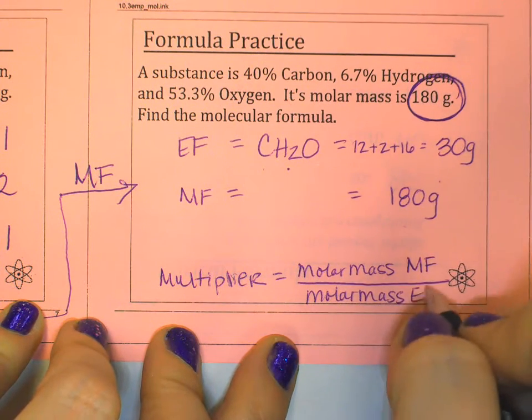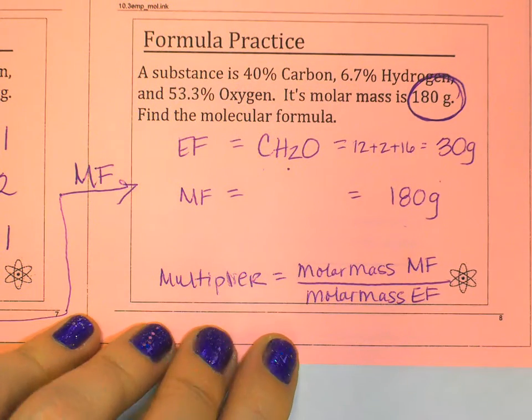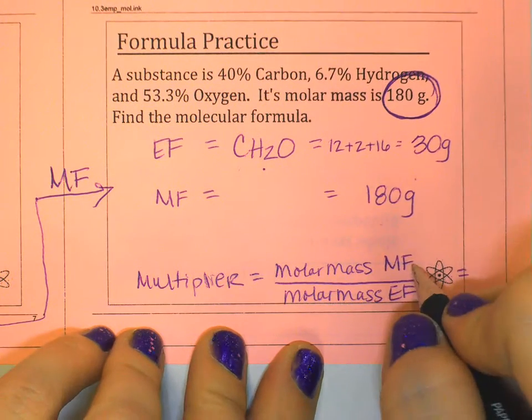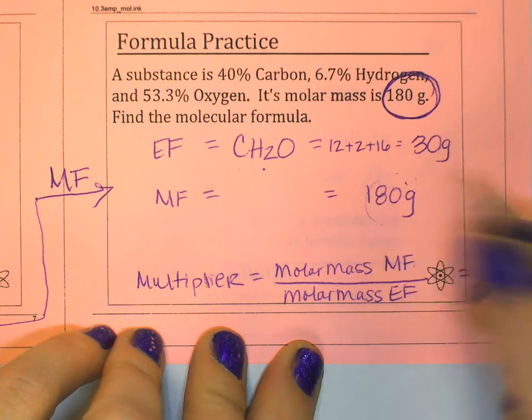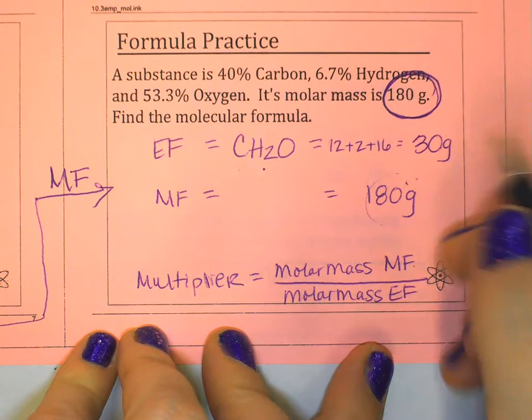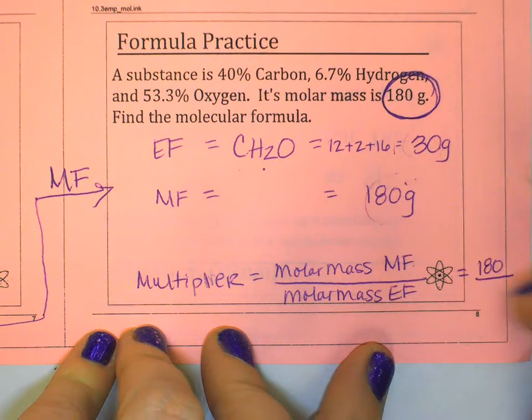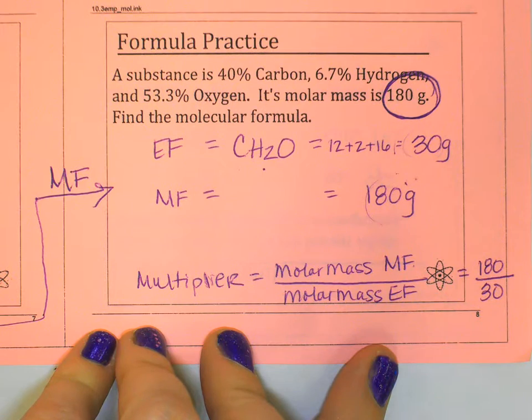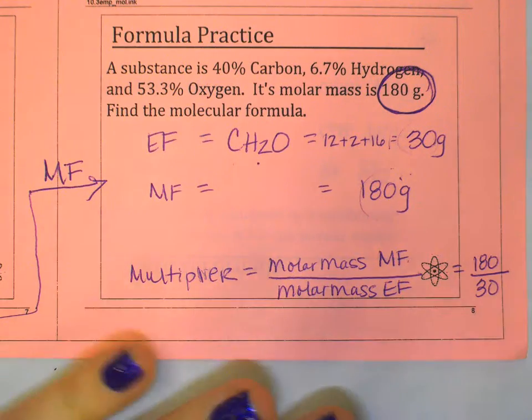All right? So if I were to do that here, I would have 180 divided by 30. So when I divide that out, I get a value of 6 here.